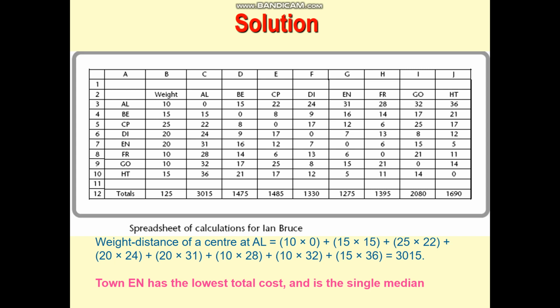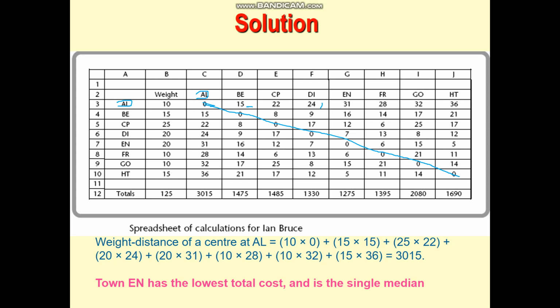Here we can see that AL to AL is always 0, right? Then AL to BE is 15, the smallest distance. AL to CP is 22, AL to BI is 24. This is the distance matrix. If you want to check whether it's correct or not, you can check the diagonal line, which has to be 0.